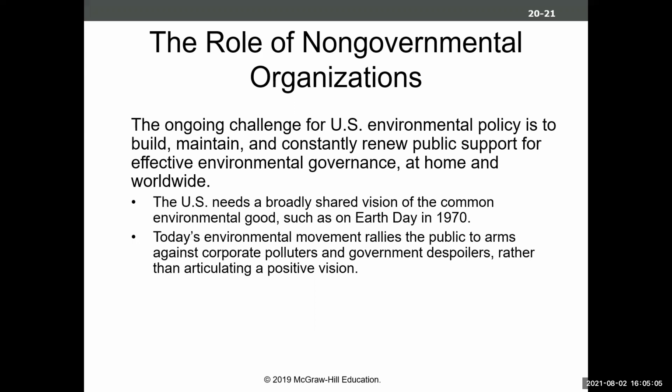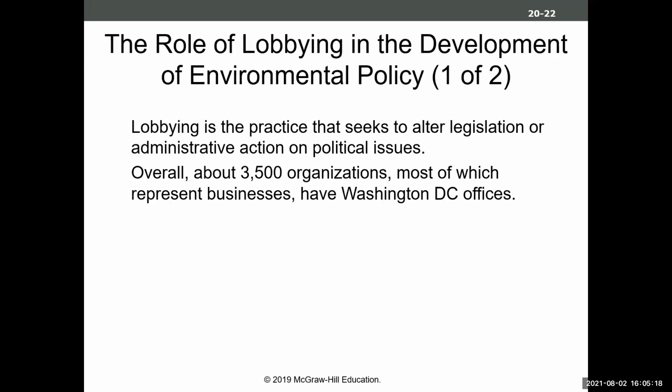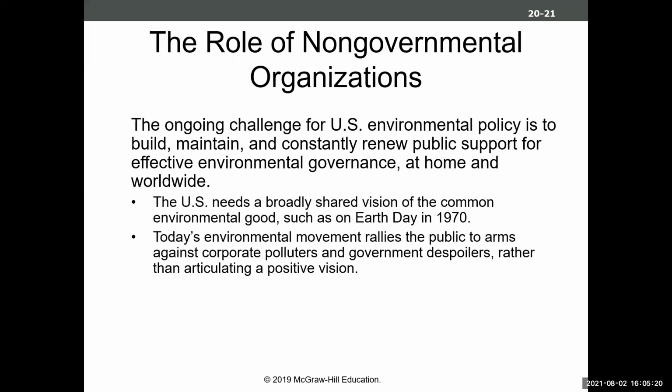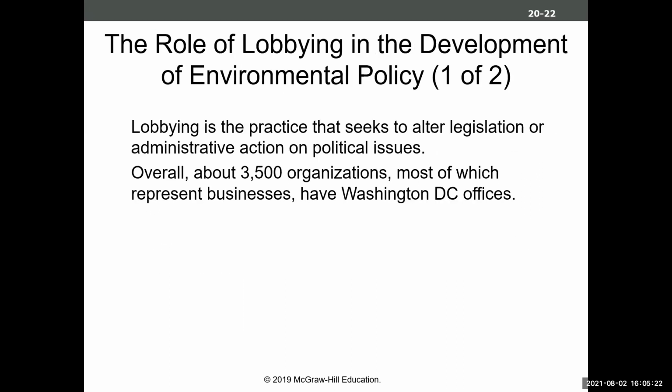We also have environmental movement rallies against corporate polluters or despoilers. And so they try to bring that positive vision about through rallies and protests.